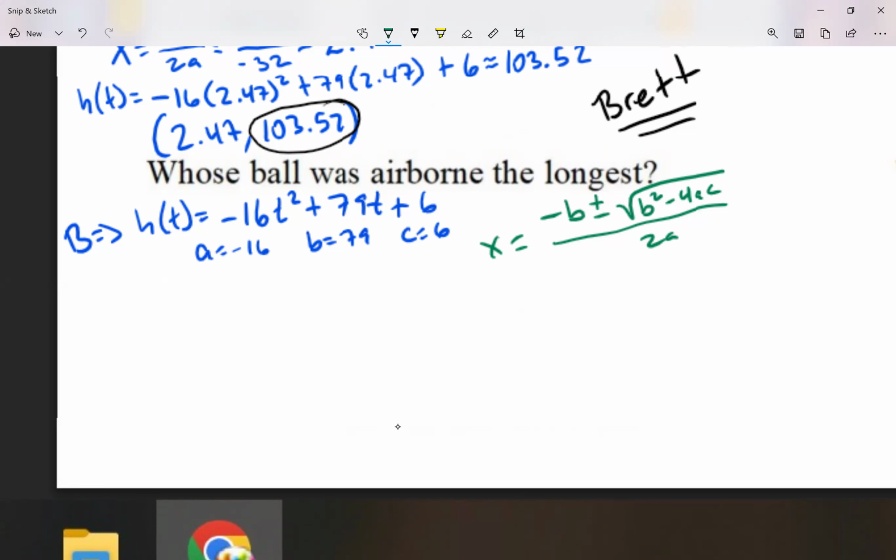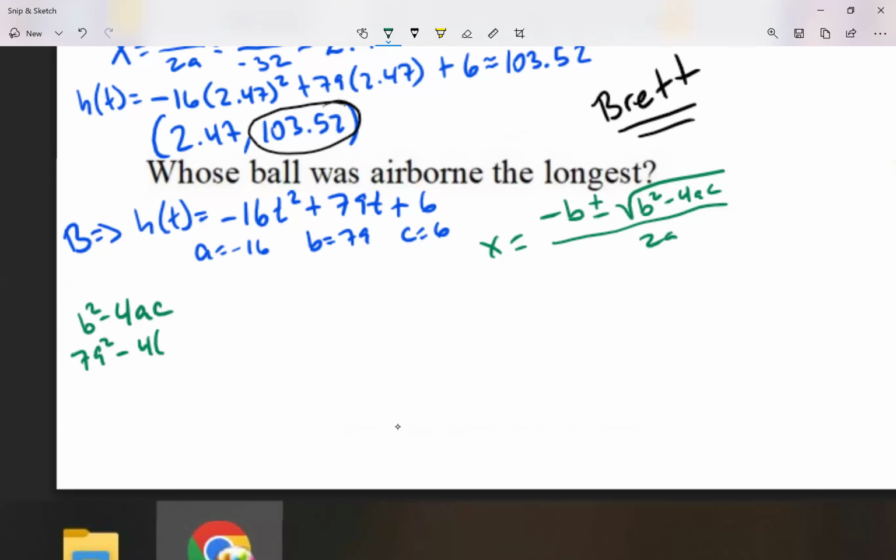So I'm going to do b squared minus 4 times a times c. In this case, 79 squared minus 4 times a negative 16 times a positive 6. The two negative signs make a plus sign. So I type it in my calculator: 79 squared plus 4 times 16 times 6.